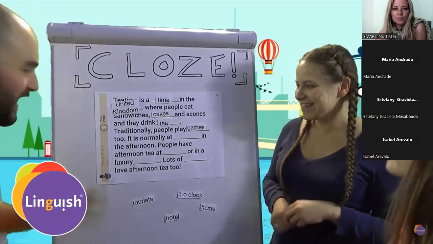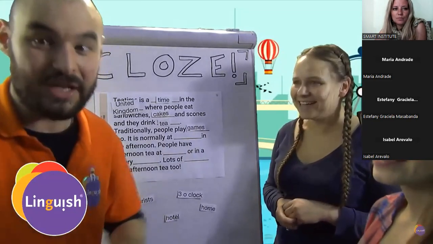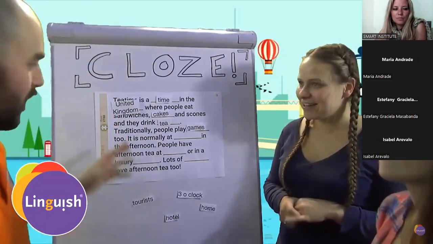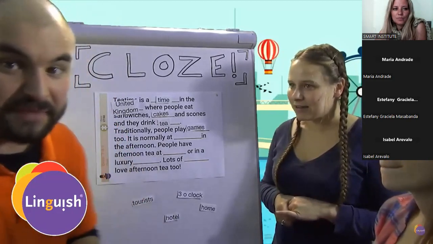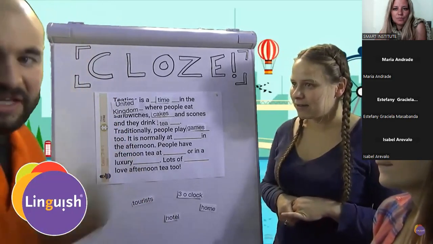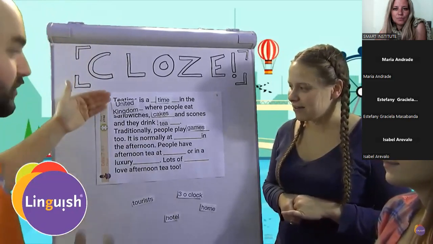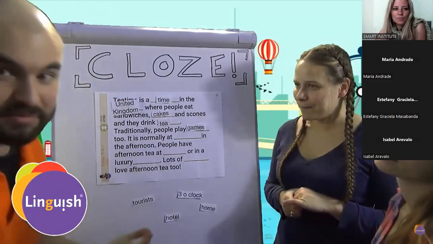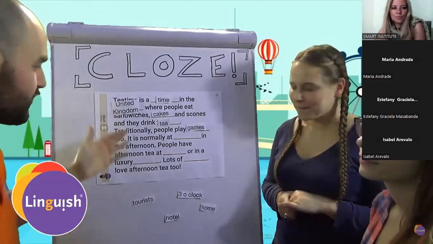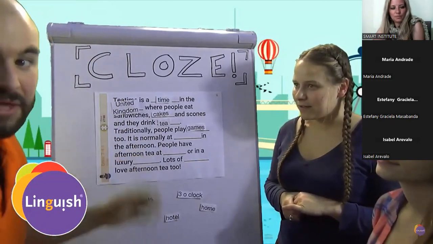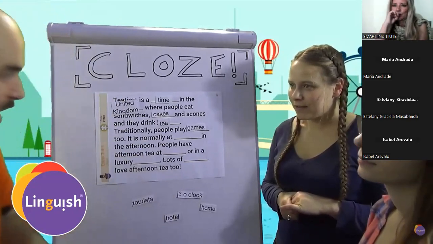Okay, now, when you do a cloze activity, there are a lot of things you can do. Take advantage of the fact that you keep on repeating the sentences and have students read with you at the same time, because the more they read it, the more they will know the text and understand the text, okay?